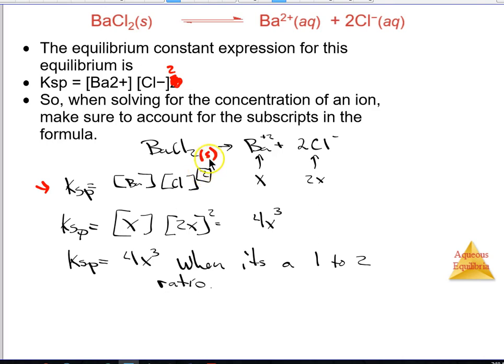Okay, now what I need you to make sure and understand is this part. If this dissociates, it's going to produce 1 Ba and 2 Cl. Okay? So if I say Ba is X, then 2X would be the amount of chlorine, correct? Right? Are we okay with that? Hold on.